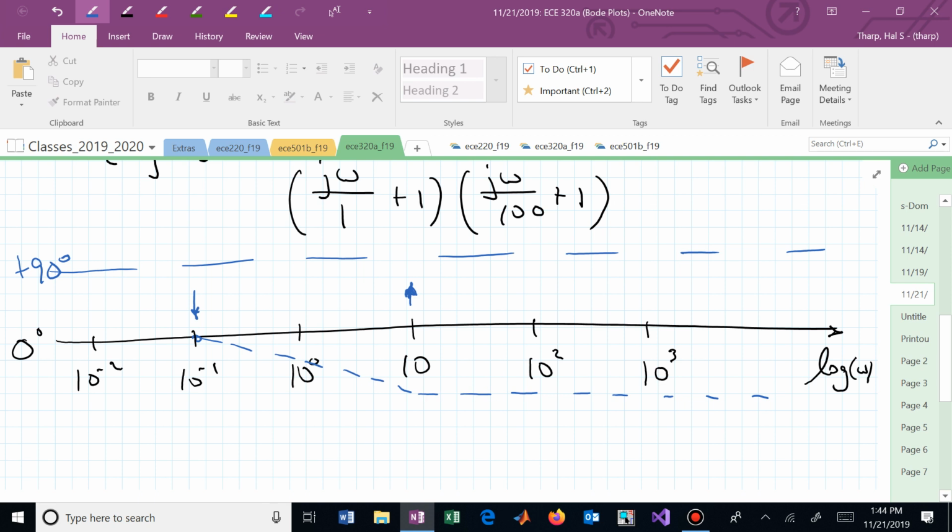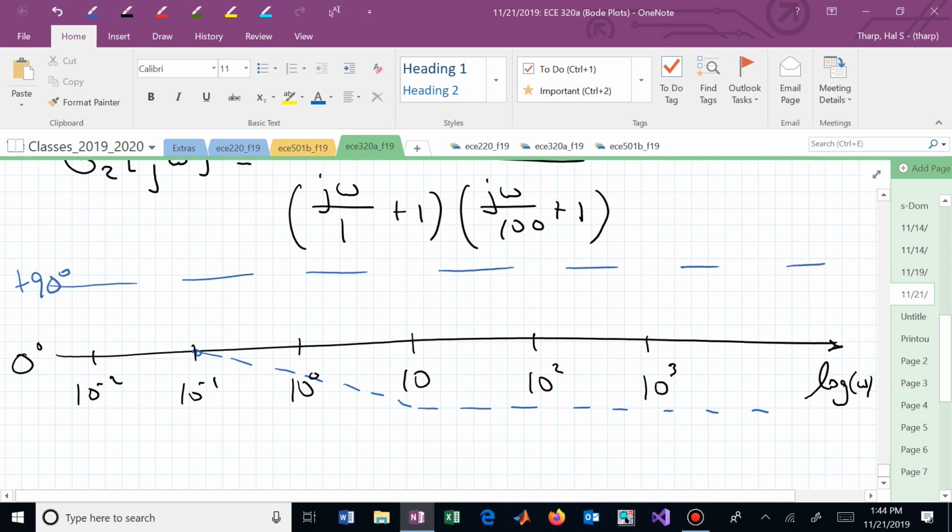The second one is centered around 100. So it starts contributing phase a decade before that, and it stops contributing phase a decade after that. Should I do a different color?